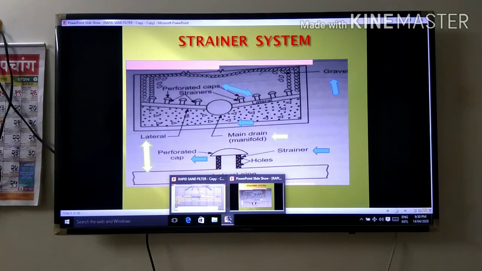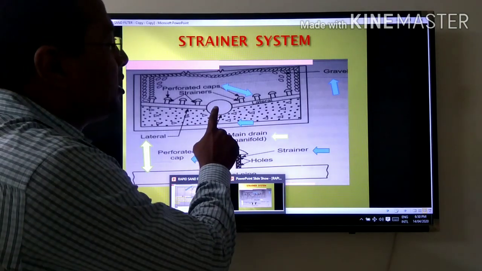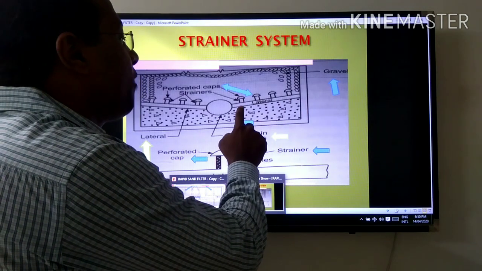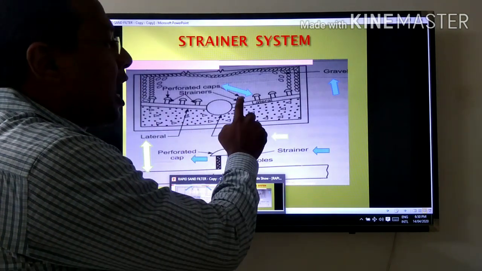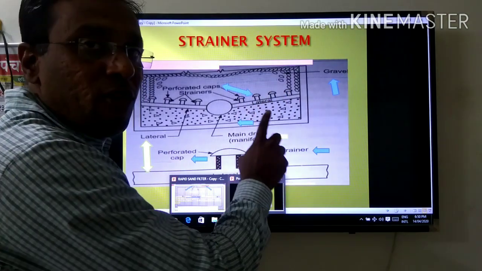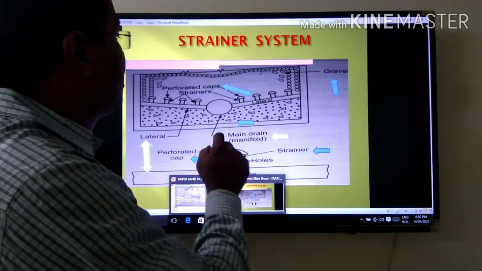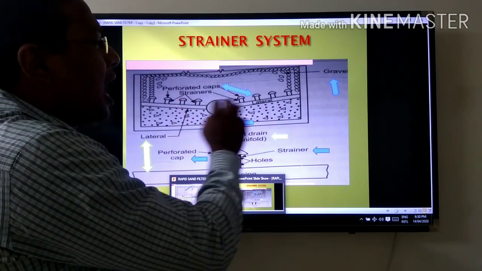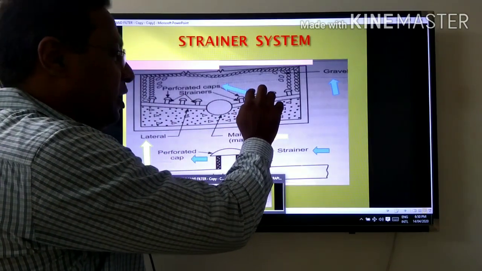In this figure, you already see this is our central pipe that is called manifold. This is our lateral pipes. Above that, there are 4 strainers. 1, 2, 3, 4.